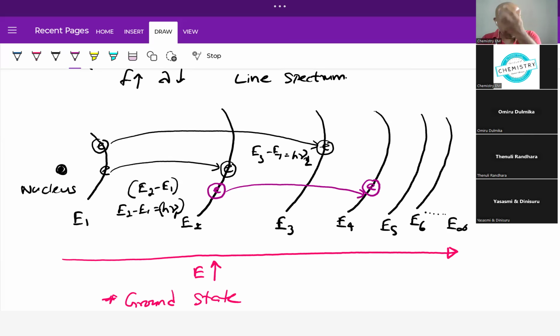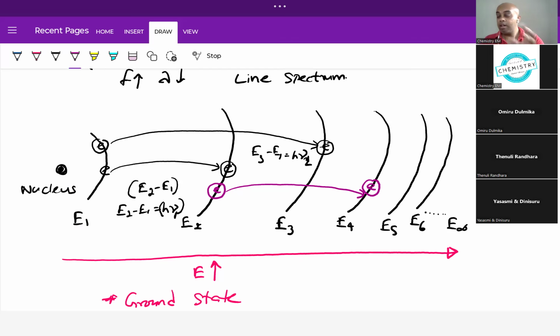So if E2 minus E1 or E4 minus E2 energy matches h nu, and nu is within the visible range, that frequency we can see. But when the absorption spectrum is created, that frequency will be absorbed. Then we can't see that.